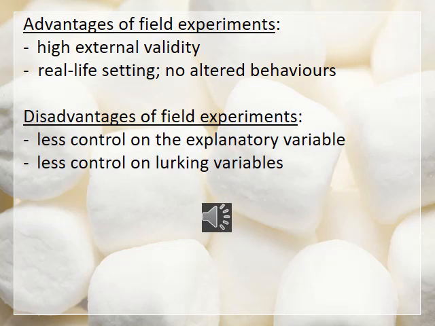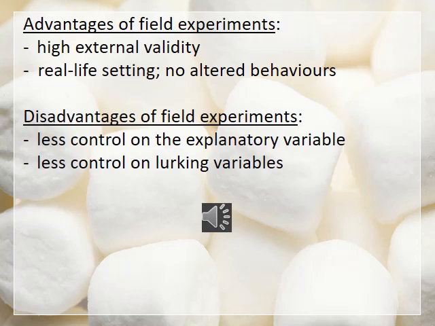There are pros and cons as well in field experiments. Advantages are it's a higher external validity. I can apply my results better to the world because my experiment was done in real life and not in a lab.